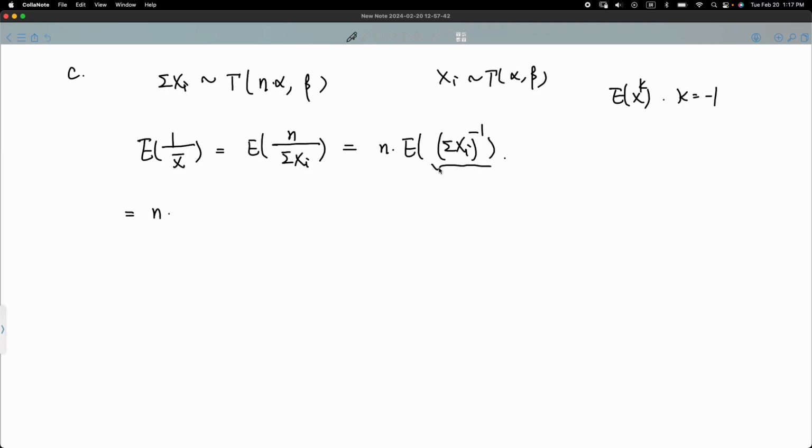So n multiplied by E of X raised to the power of k, and this should be a gamma function of n alpha plus k, and then k is -1, so n alpha minus 1, and then beta raised to the power of k, so k is -1, and then over a gamma function of alpha, so it should be a gamma function of n multiplied by alpha.